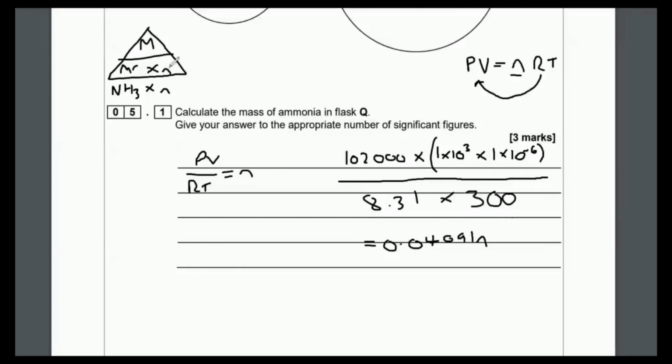We're now going to take this over and multiply this by the MR. Now, the MR of ammonia, N is 14, hydrogen is 1, and obviously NH3, therefore I've got 3 hydrogens, so my MR is 17. So let's times 0.04091 by 17.